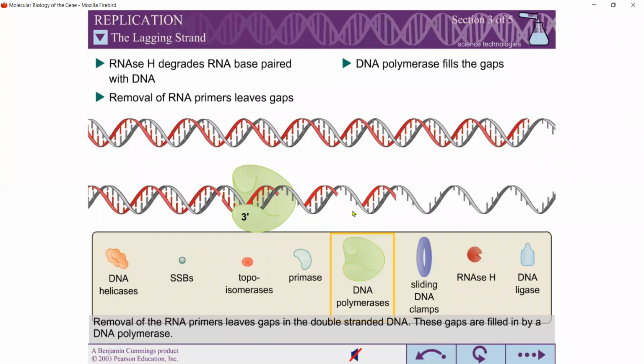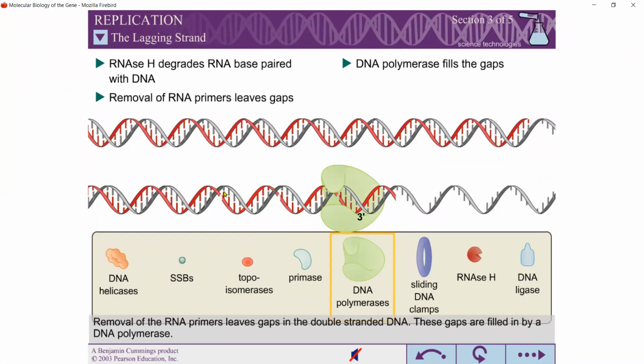If this was the 5' end of the primer and this the 3' end of the primer, then this is the 5' end of the Okazaki fragment and this is the 3' end. Note that the polymerase binds to this 3' end of the Okazaki fragment and synthesizes DNA till a single nucleotide gap is left.